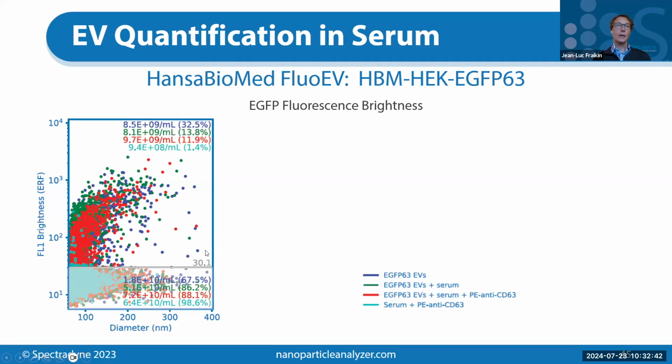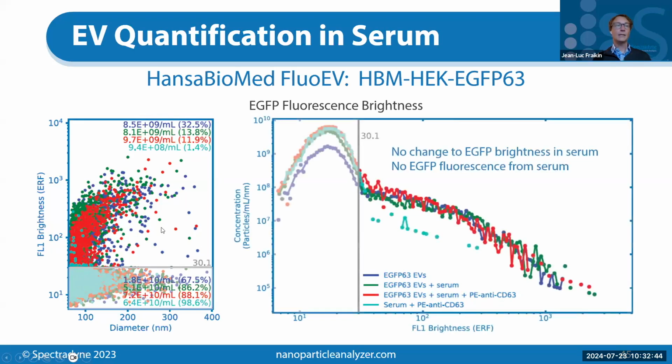Okay, we can look at the brightness distribution of particles in this sample. And so in this plot, what we're looking at is concentration on the y-axis versus the particle brightness on the x-axis. And essentially the point of showing this is that adding the EVs to the serum does not change the brightness of the GFP, right?